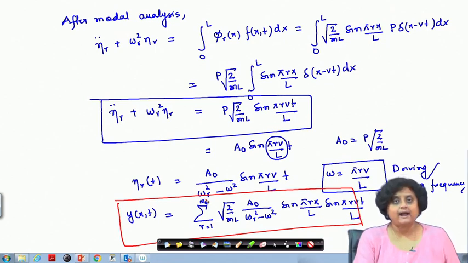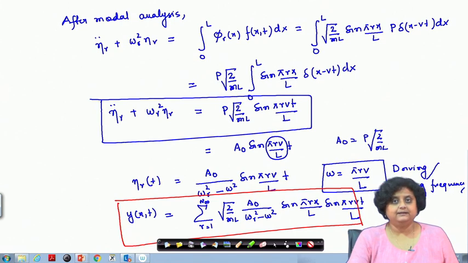If so happens, there will be a resonance condition, and we have to take care to solve the problem in such a way that the natural frequencies of the bridge are never equal to the driving frequency that is coming because of the moving load.